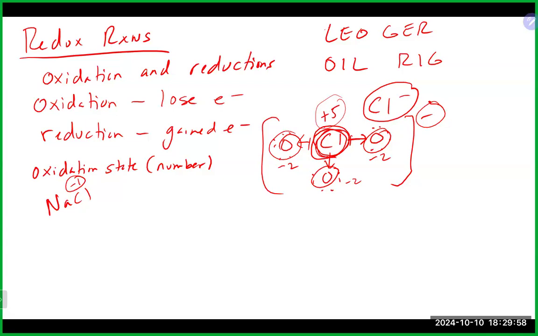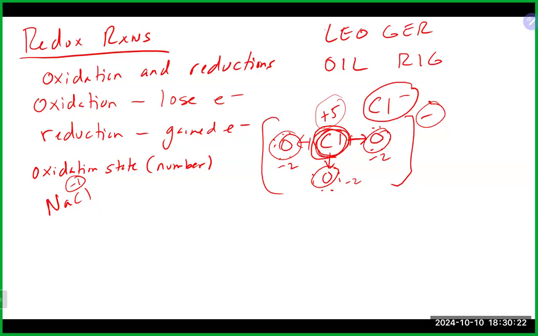Electrons are completely transferred. But when they start sharing electrons in covalent bonding, things that we normally associate with negative charges can have a positive oxidation state. So oxidation state in numbers is not necessarily exactly the charge, but it is sort of the charge that they take on based on who they're sharing electrons with.